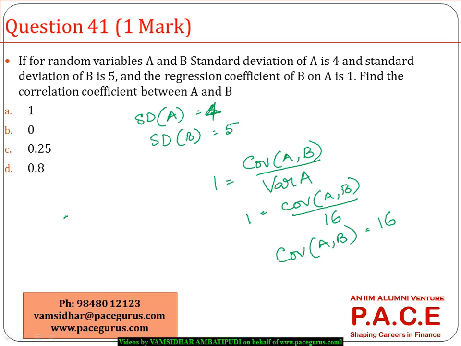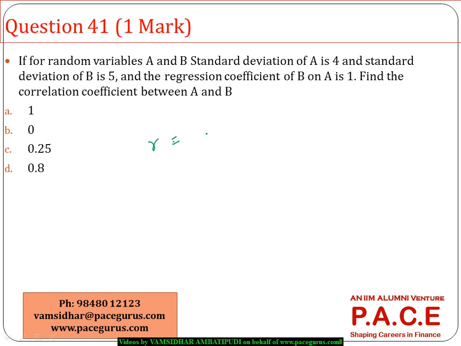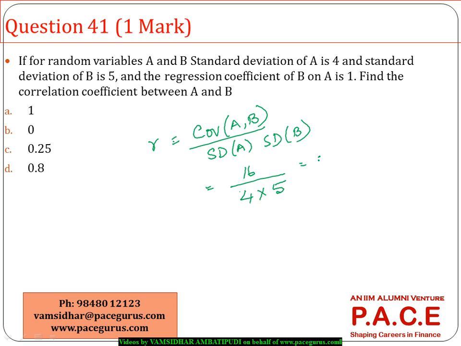And the question is about finding the correlation between A and B. Correlation can be given by the formula R equal to covariance between A and B by standard deviation of A into standard deviation of B. So we have got the correlation as 16 divided by standard deviation of A is 4, standard deviation of B is 5, working out to 0.8.